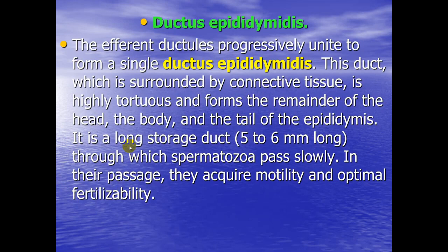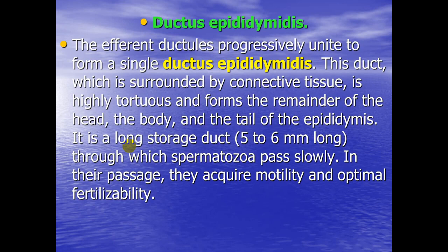Each ductule opens, unites with one another, and forms the single ductus epididymis. This duct, which is surrounded by connective tissue, is highly tortuous and forms the remainder of the head, the body, and the tail of the epididymis.